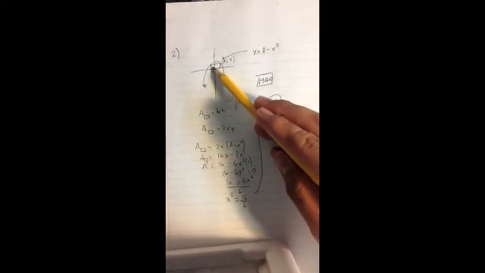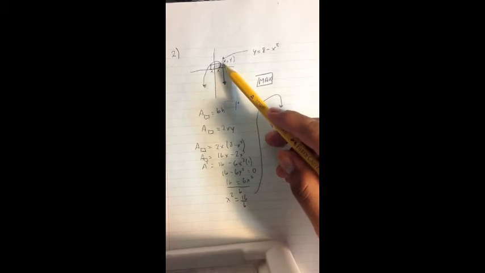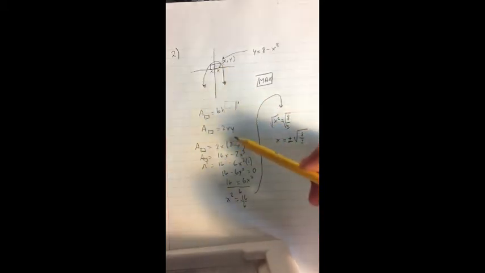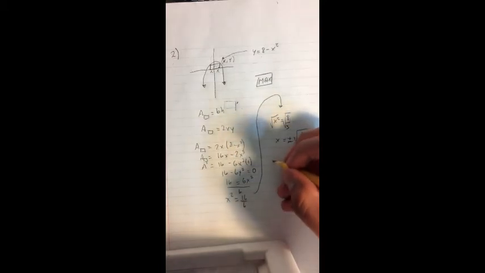So now we need to find y, because it asks us for the maximum area that the rectangle can fit on this line. So we simply plug it into this, sorry, into this.